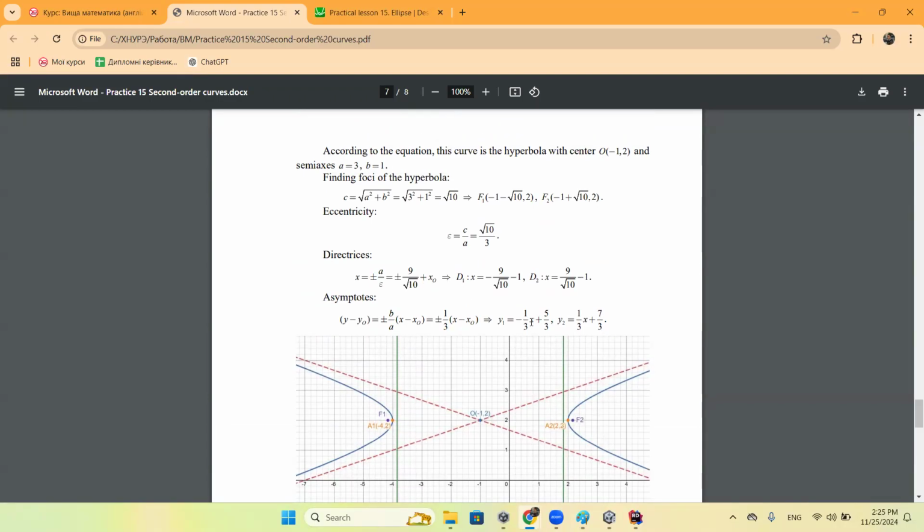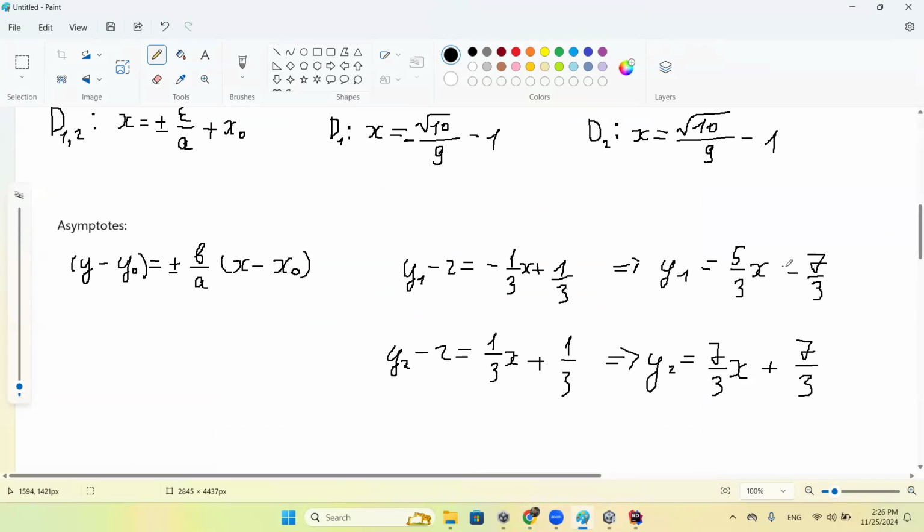So for the first, minus 1/3 x plus 5/3, and in the second case 1/3 x plus 7/3. Something was incorrect here.